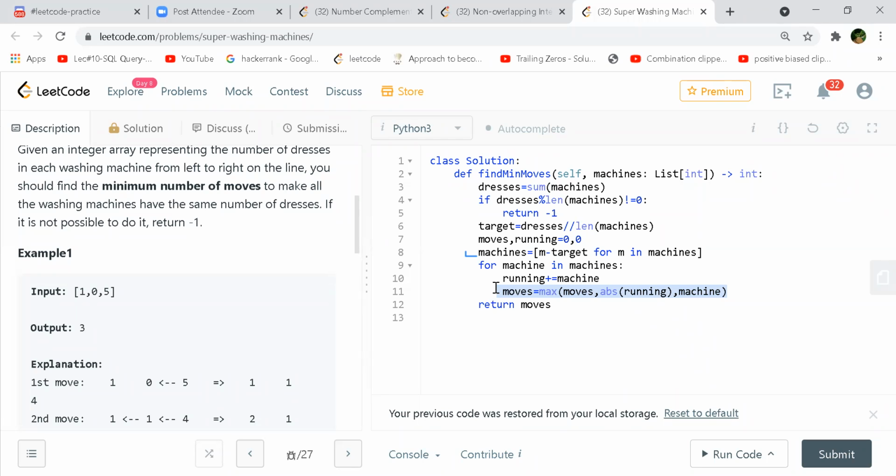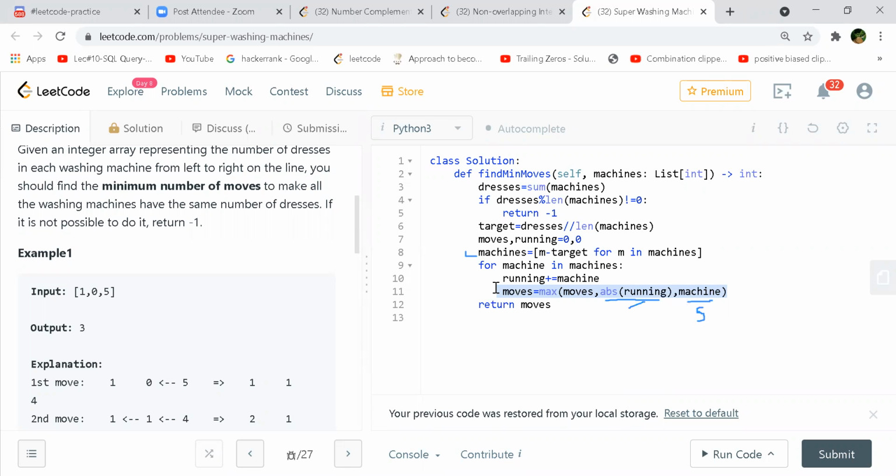But if you want to find the movements happening in the other direction, we look at whether there is any surplus amount in any of the machines, and whether that surplus value is greater than your absolute running value, which is your prefix sum, your cumulative sum.